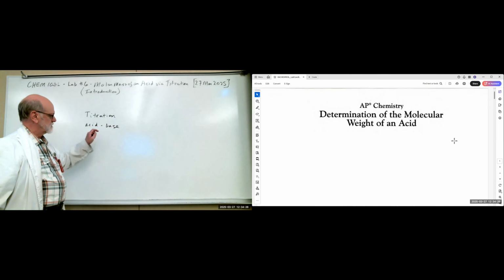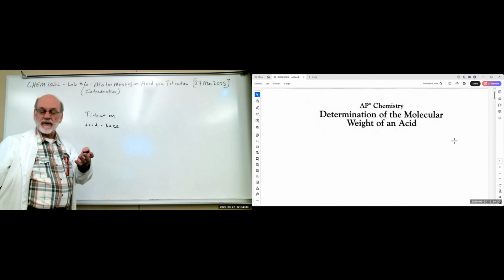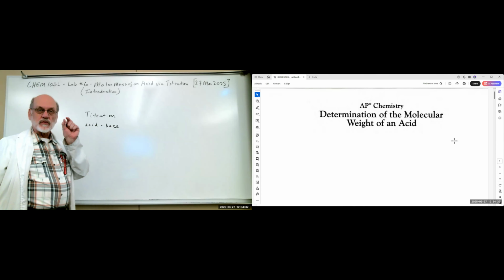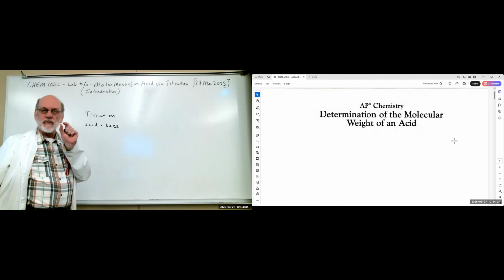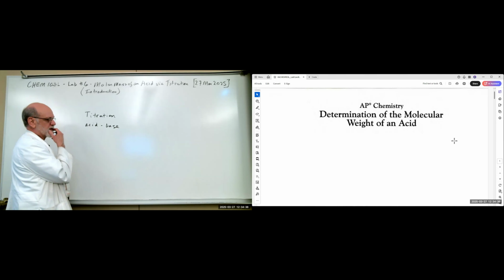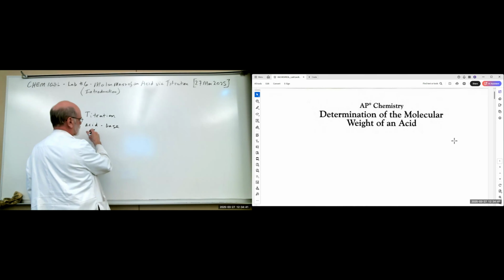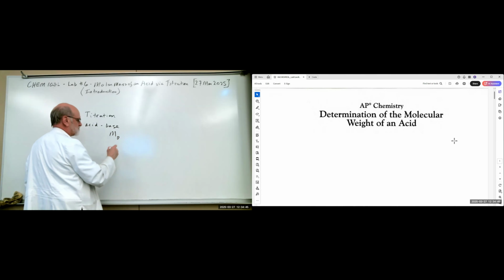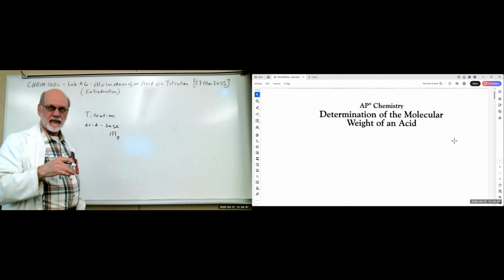One of these, and it just depends on the experiment, is known to be an accurate concentration. So let's say we know the molarity of the base very accurately, since we're titrating against an acid.